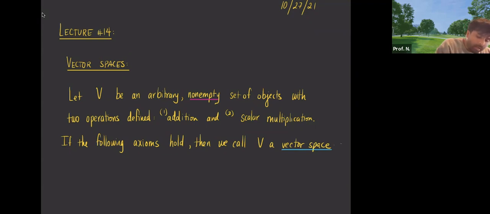And we call those objects in V we call them vectors.